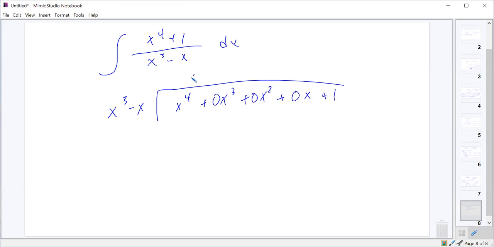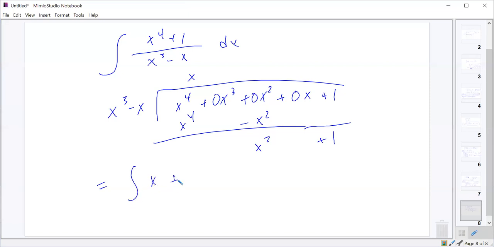x to the third goes into x to the fourth x times. We'd have x to the fourth minus x squared here. When we subtract, we'd end up with a positive x squared plus a 1 down here. And we can't do x cubed into that anymore. So this integral would become the integral of x plus x squared plus 1 over x cubed minus x, dx.